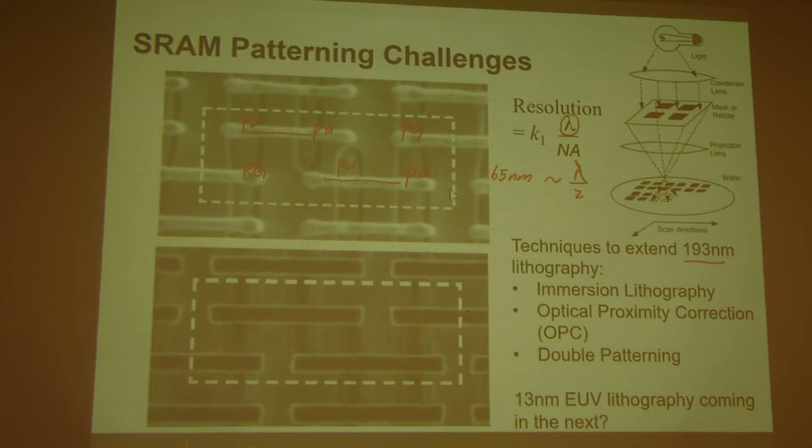If you move further down in the technology node, you basically cannot pattern this kind of feature on your wafer. But the industry came up with many techniques to extend the lifetime of this 193 nanometer lithography. Even at today's, let's say, 14 nanometer technology node, we still use the same 193 nanometer wavelength lithography.